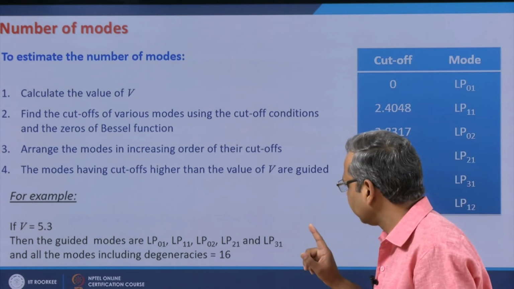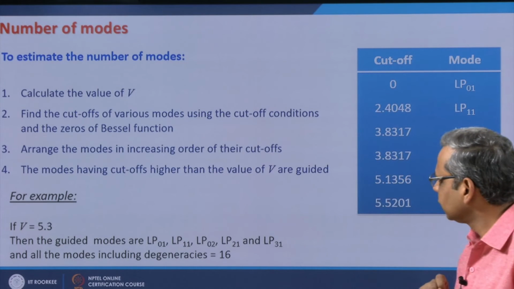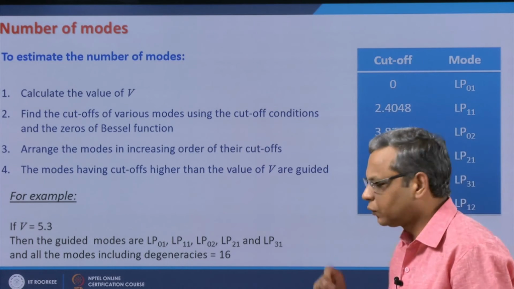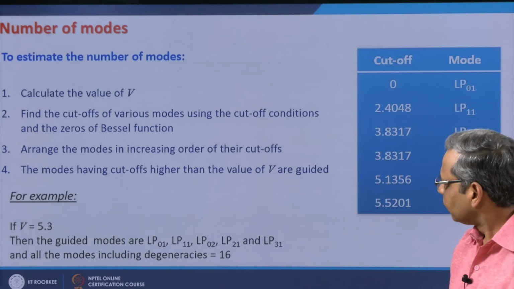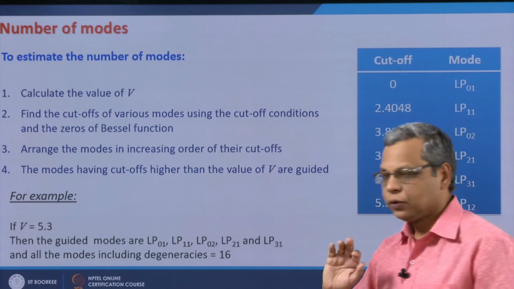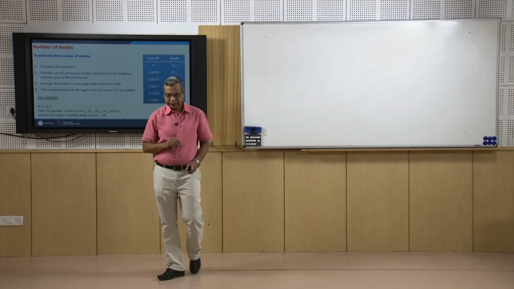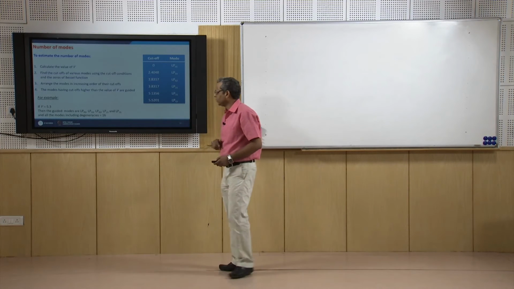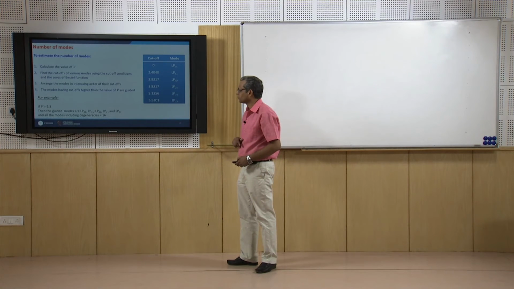So, they will have 4-fold degeneracy and they will comprise of 12 modes. So, I will have 12 plus 4, 16 total modes including the degeneracies. So, this is how I can calculate the number of modes.